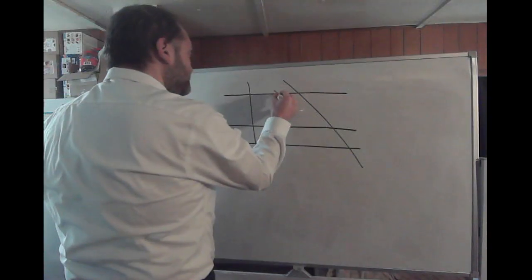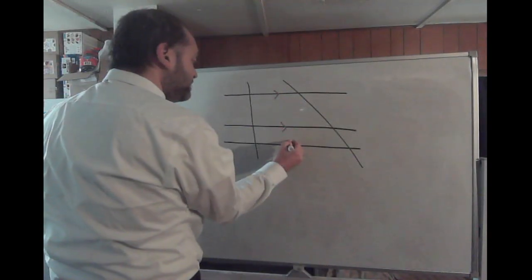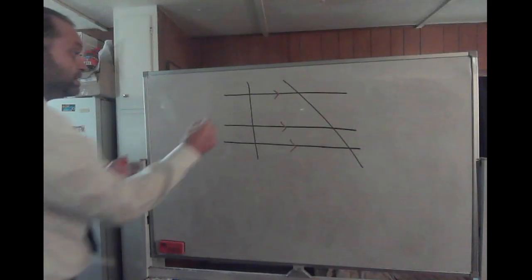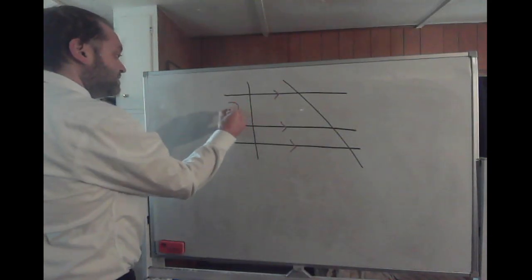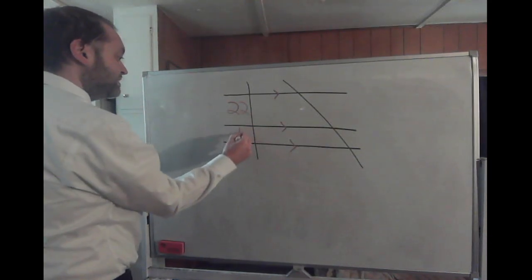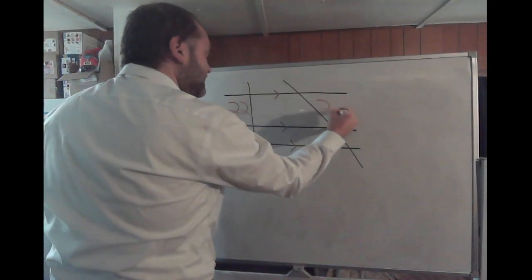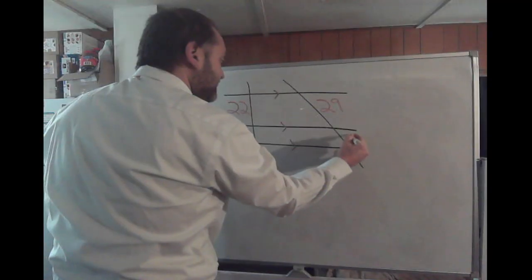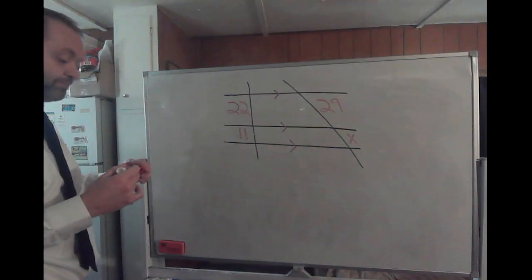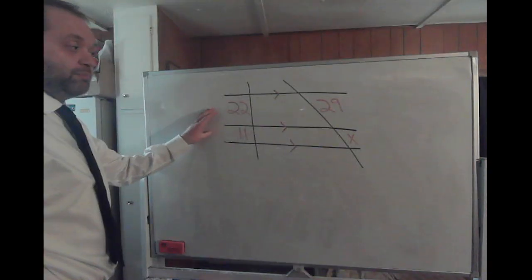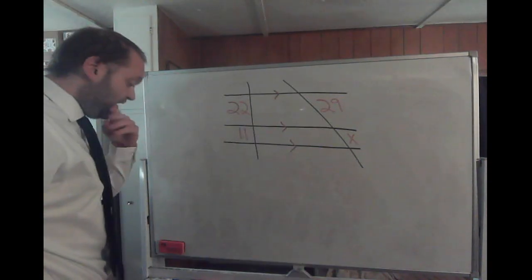Of course, these three lines are parallel to each other, which is going to help us. This one here has a length of 22. This has a length of 11. This has a length of 29. This has a length of x. Okay. So we're going to use the corollary that we just learned about the parallel lines and solve for x.